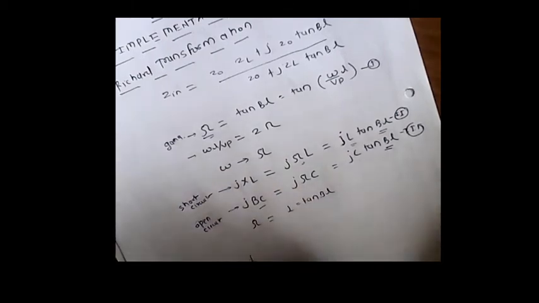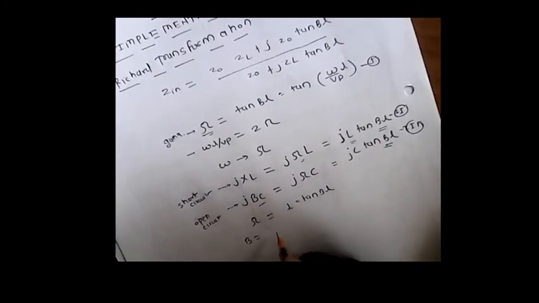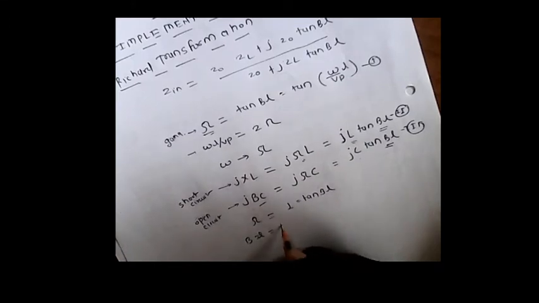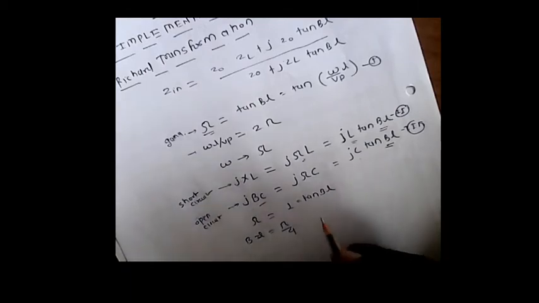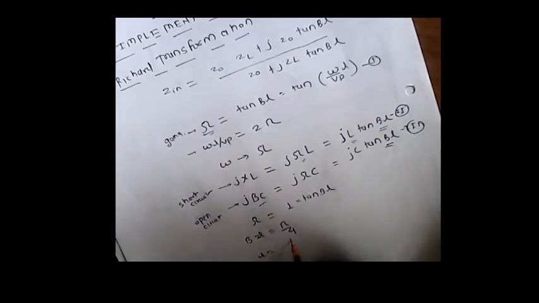We know that βl is equal to π/4, and β is given by 2π/λ.